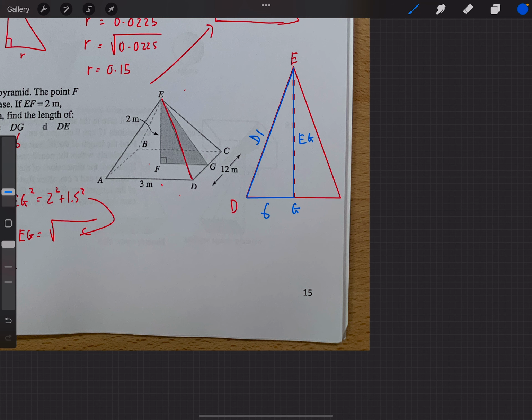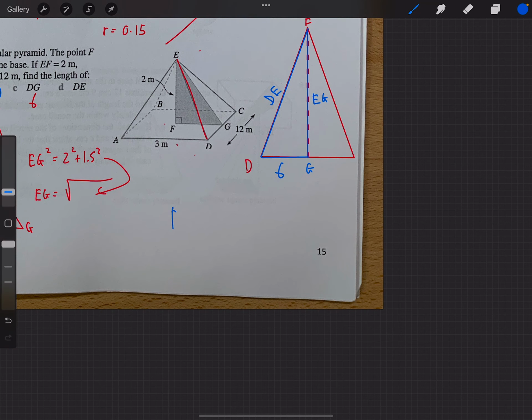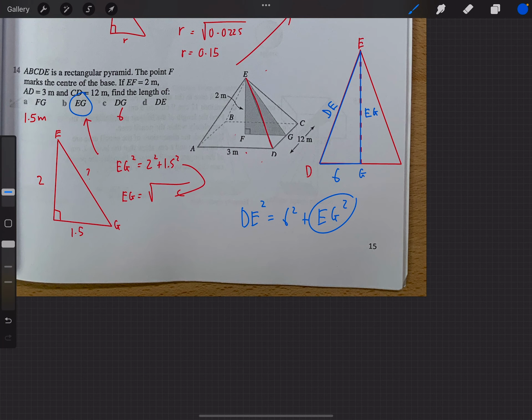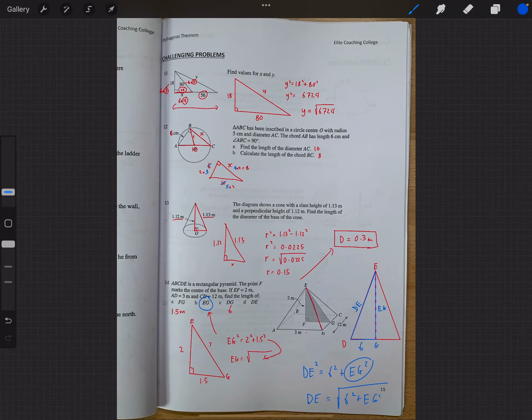So we can say DE squared is equal to 6 squared plus EG squared. So whatever you get for EG for question B, you can just square it, add with 6 squared, and then you just work out what DE is by square rooting all of that. Okay. And that is it, I think.